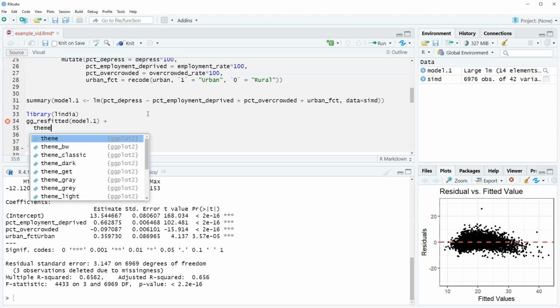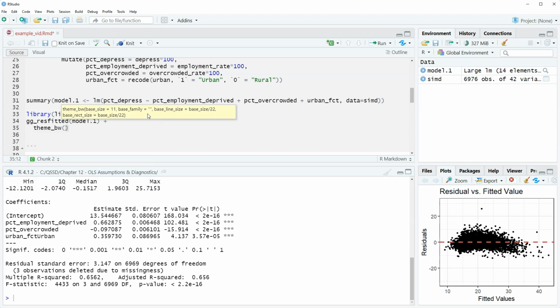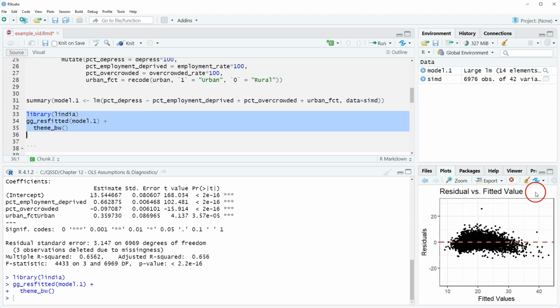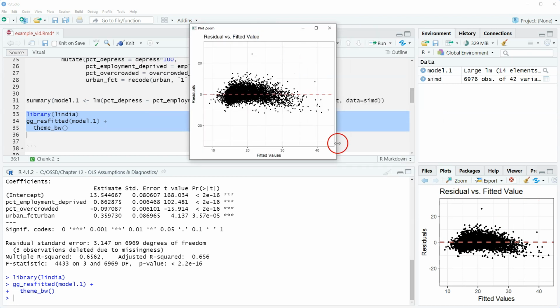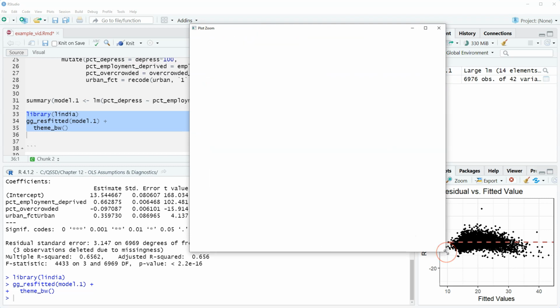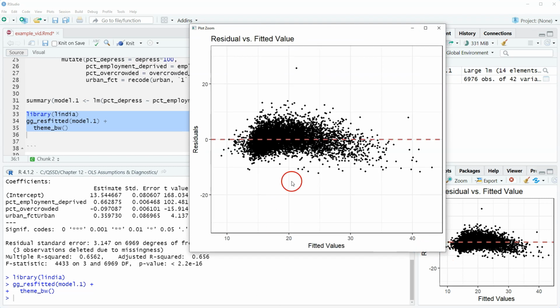We're going to use theme_bw for black and white. All right, so I'm going to highlight this and run this. Let's make this a little bit bigger. Okay.